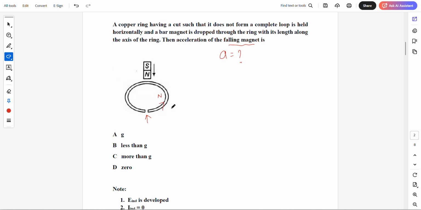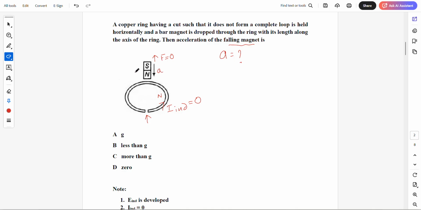I induced here is zero. Why? Because the conducting loop is cut here. If there is no I induced, there is no mechanical force, no repulsive force. F will be zero. This is the acceleration of the bar magnet.